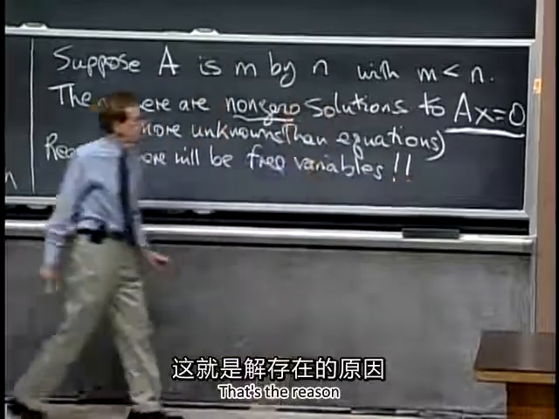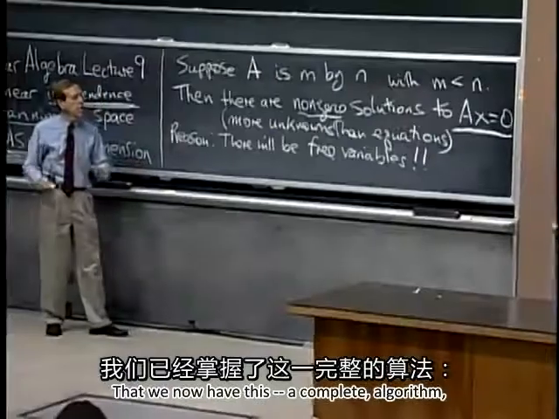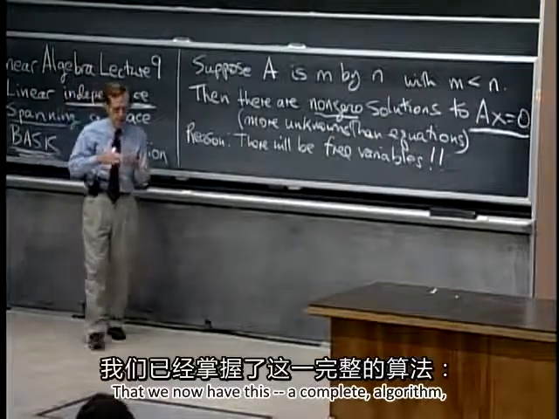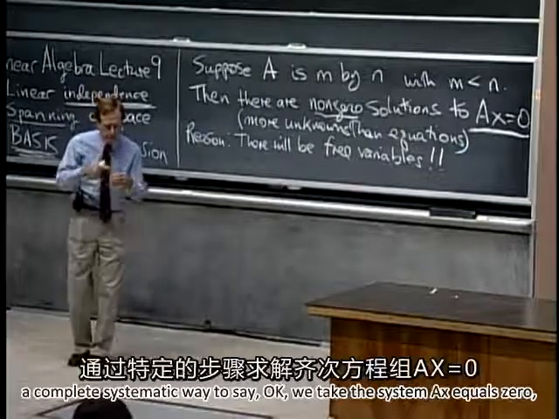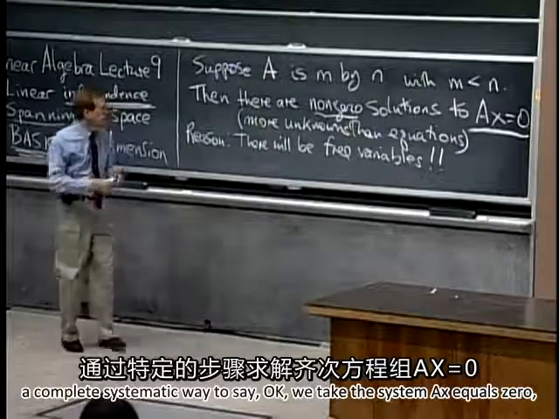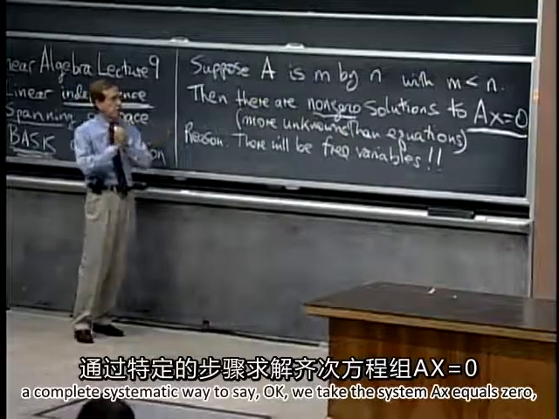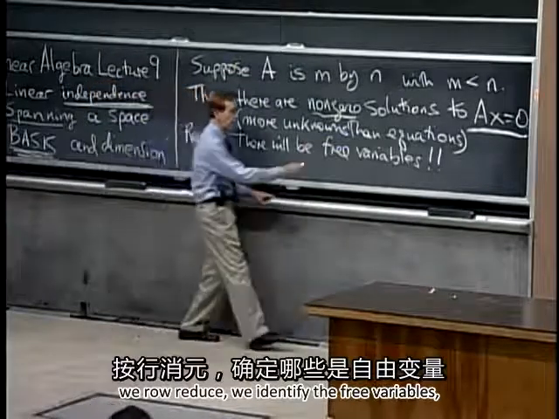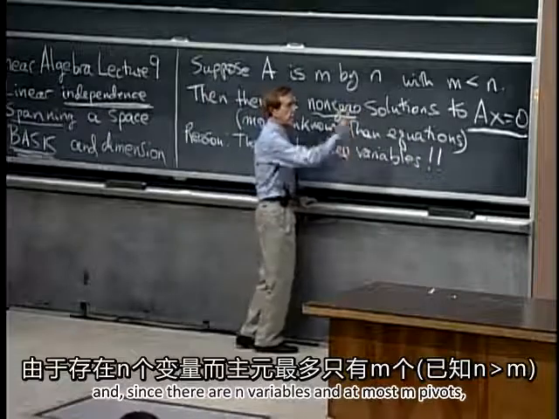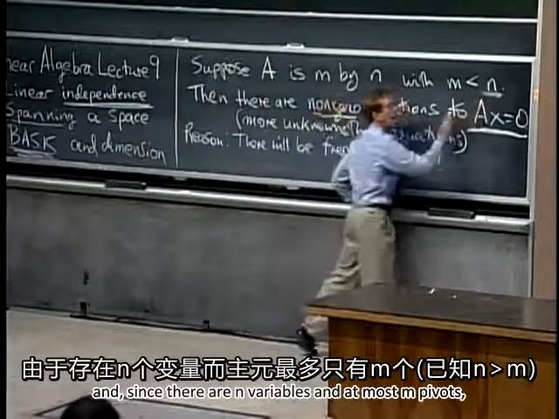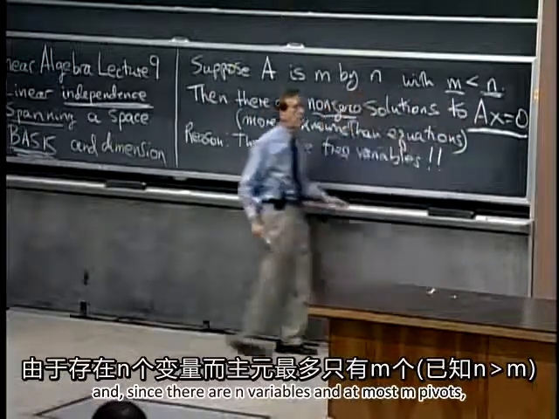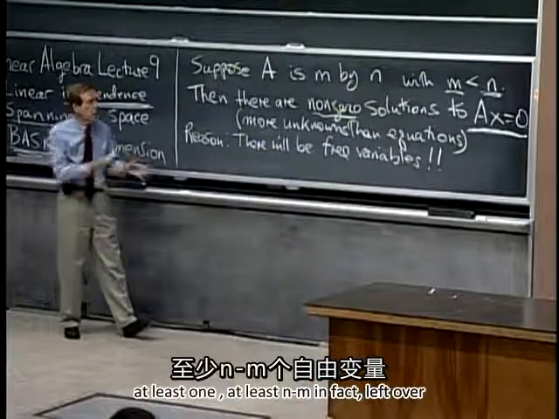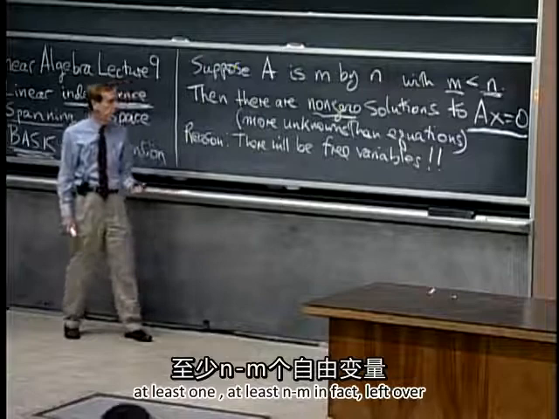That's the reason that we now have a complete, systematic way to say, okay, we take the system AX equals 0, we row reduce, we identify the free variables, and since there are n variables, and at most m pivots, there will be some free variables, at least one, at least n minus m, in fact, left over.